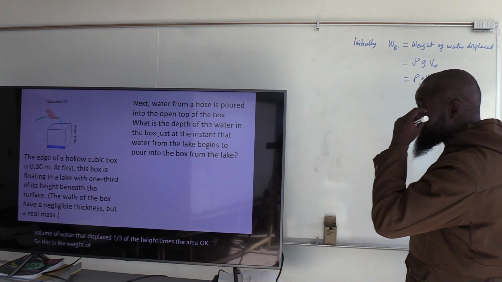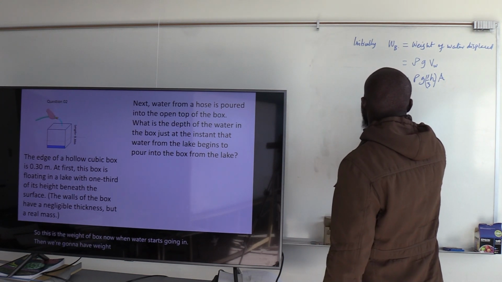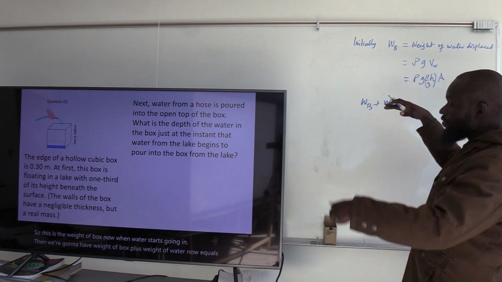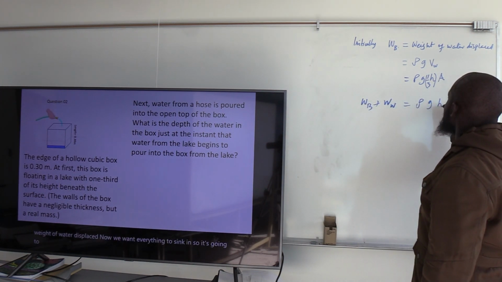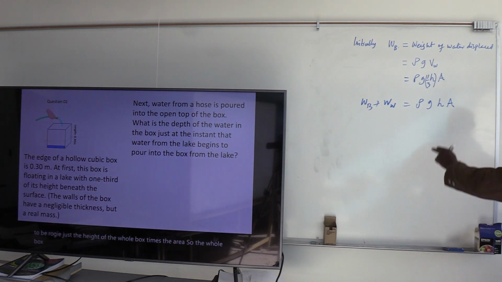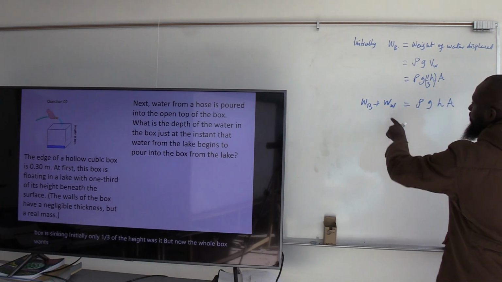Now when water starts going in, we have weight of box plus weight of water equals weight of water displaced. Now we want everything to sink in, so it's going to be rho g times the height of the whole box times the area. Initially only 1/3 of the height was in, but now the whole box sinks in.